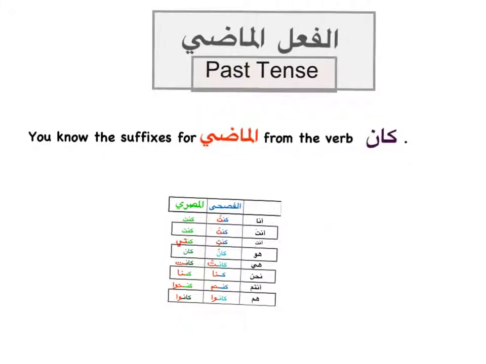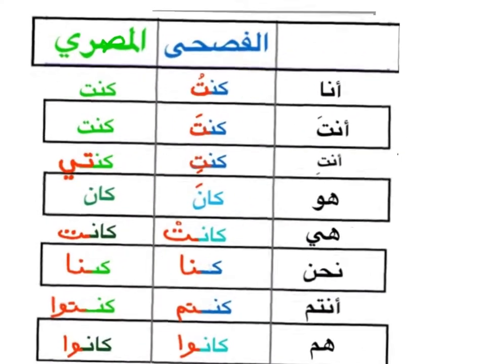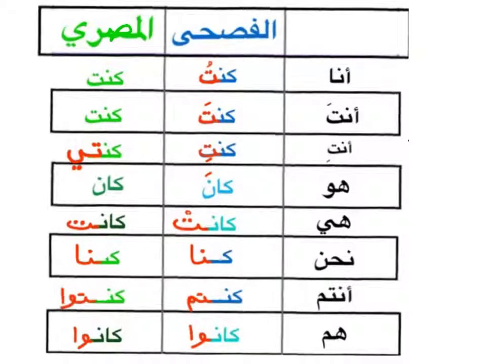Okay, now let's look at the suffixes for ماضي for the verb كان. We have كان with أنا, أنت, أنتِ, هو, هي, نحن, أنتم, هم in فصحى and in مصري. Okay, now I'm going to read the different conjugations and pay attention to the voweling.